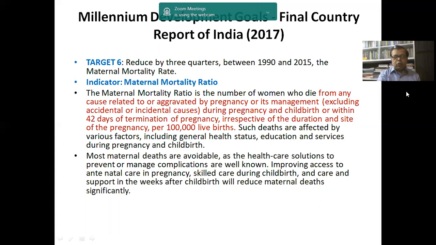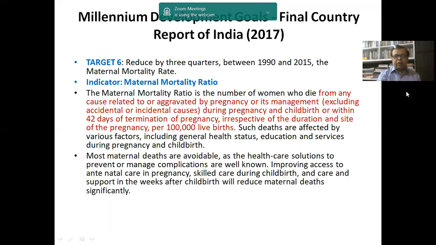I have included here the assessment of the government on these indicators, primarily focused on issues related to reproductive health. But basically, this country report is addressing all the 8 goals. So anybody who is interested in these details can go through, you can pause the slides and go for these details.